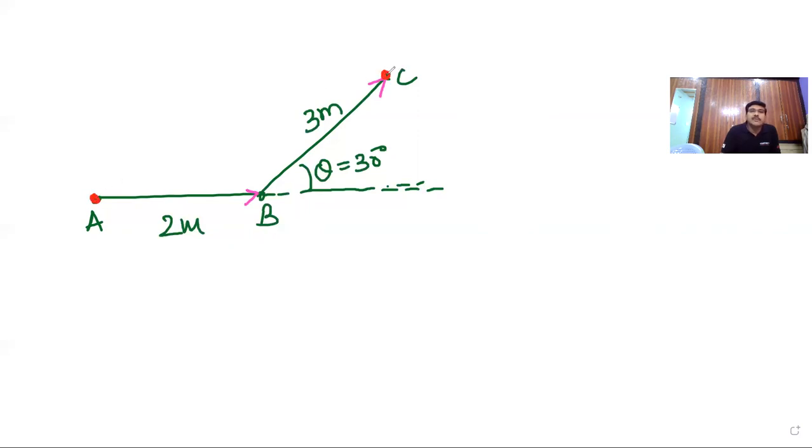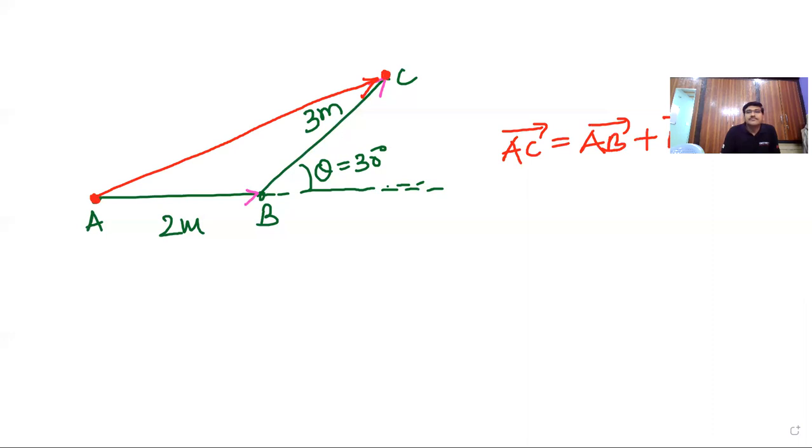Initial point is A, final point is C. If I join these two, this is the shortest distance AC bar. So by using the triangle law, AB bar tail to head plus BC bar tail to head is equal to AC bar, tail of the first vector to head of the last vector. So AC bar displacement is AB bar plus BC bar. Is it clear? Simple notation.